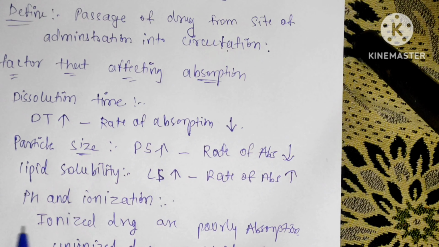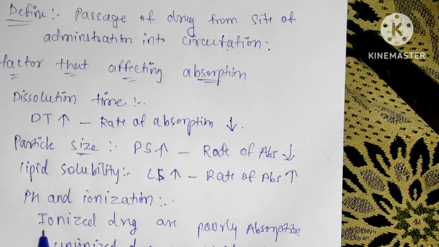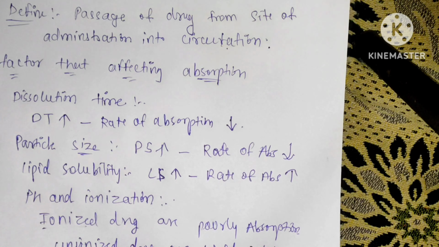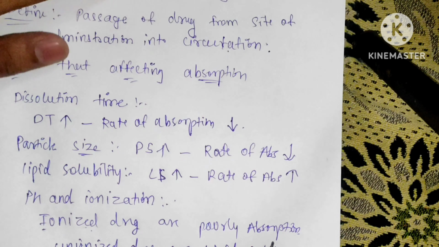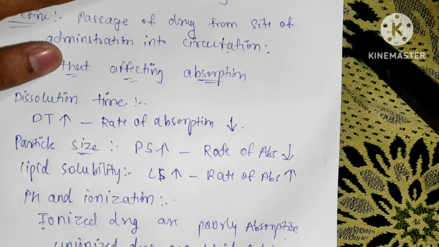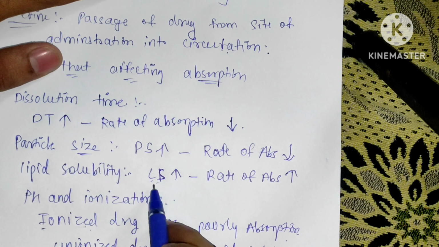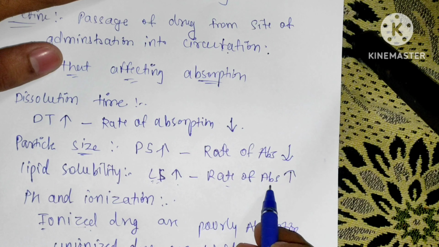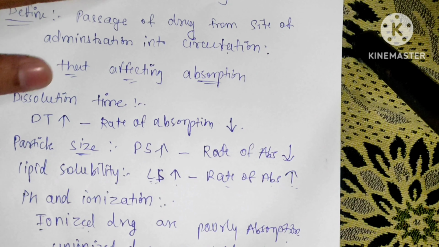So what is this saying? The drug is either ionized or unionized. The ionized drugs are poorly absorbed, and unionized drugs are lipid soluble. As we discussed, if lipid solubility is more, then the rate of absorption will be more.